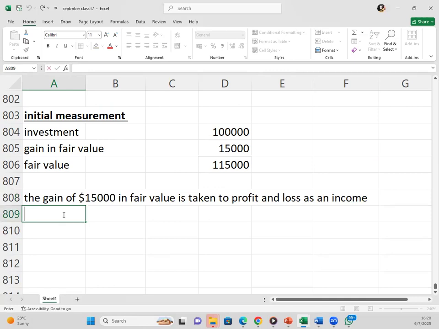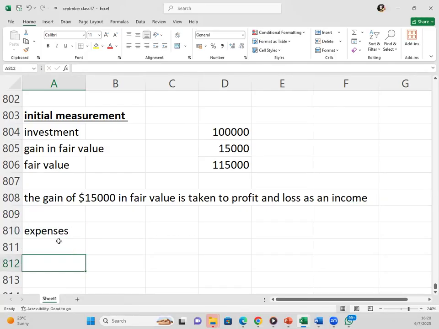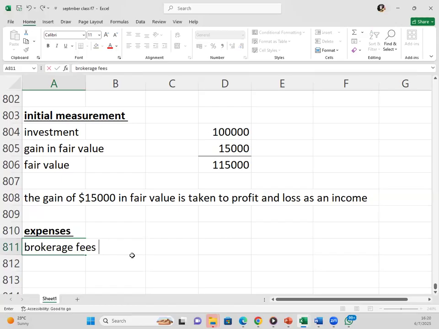Then how much are we going to enter in the income statement? In the statement of financial position, our investment was initially 100,000, then it gained 15, so the fair value is 115, but the gain we take to the income statement. In the expenses of the company, this is where you put the brokerage. The transaction costs are expensed. We might hire a broker to help in buying this share.